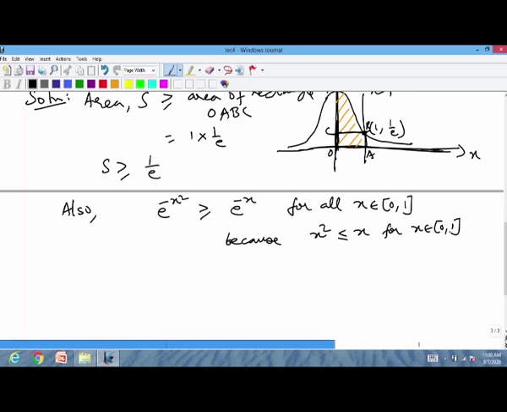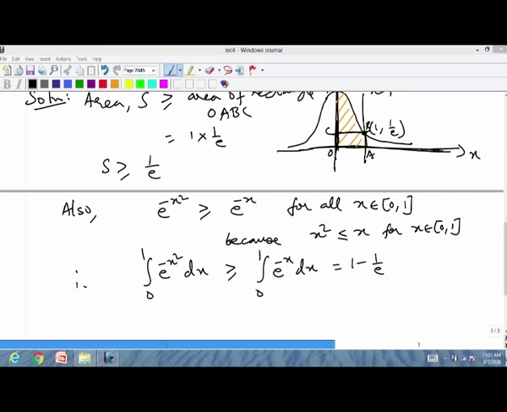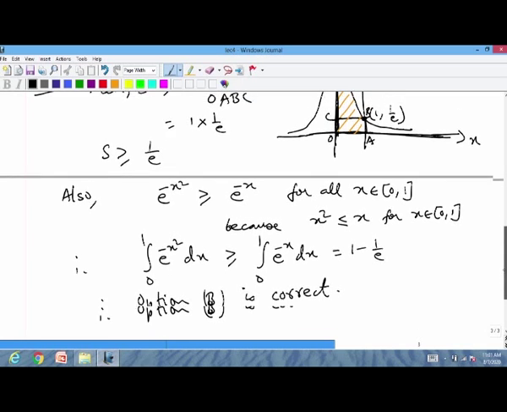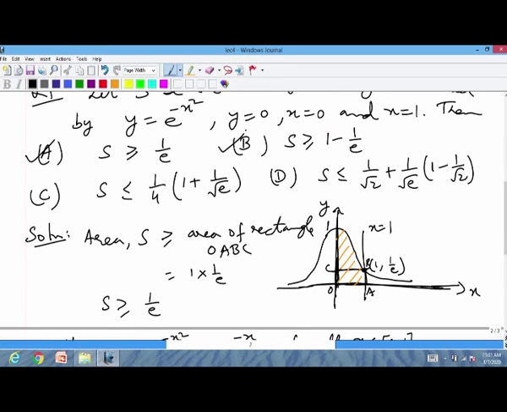So, the integral of 0 to 1 e to the minus x square dx is bigger than or equal to the integral of 0 to 1 e to the minus x dx, and this integral is nothing but 1 minus 1 by e. So, option B is also correct. So, option A and option B are both correct.